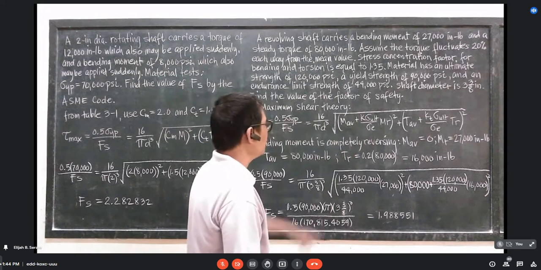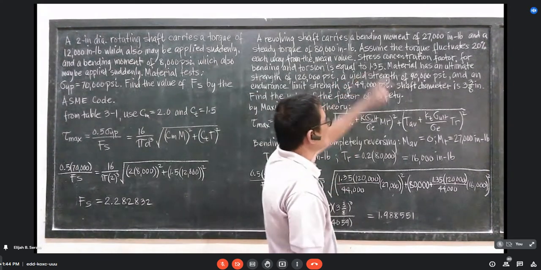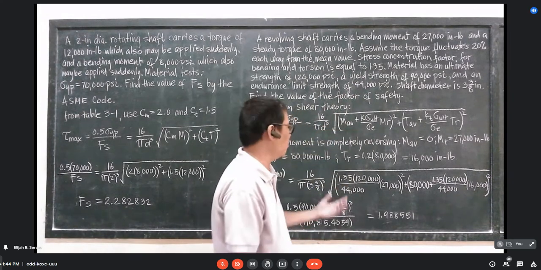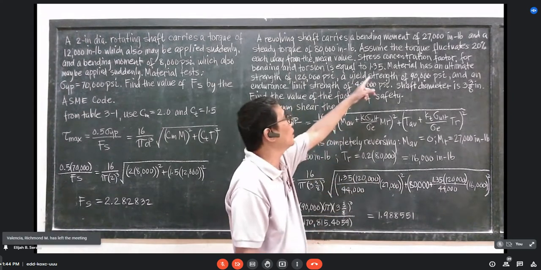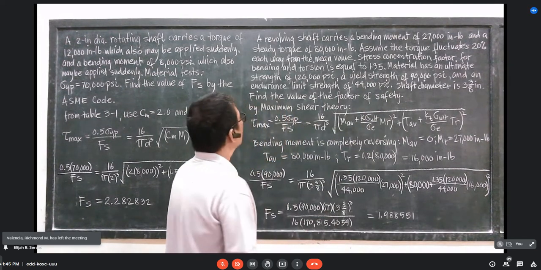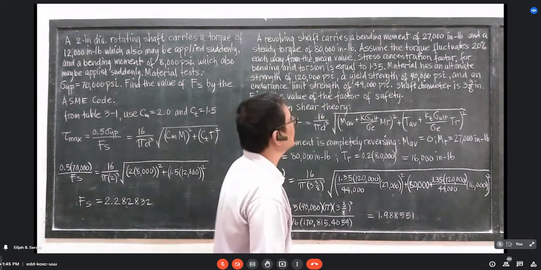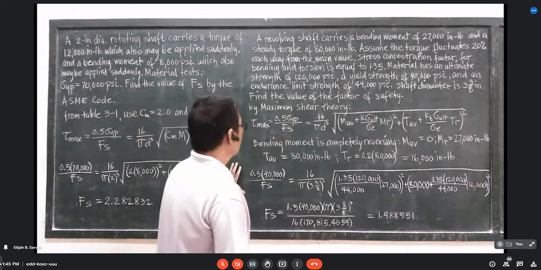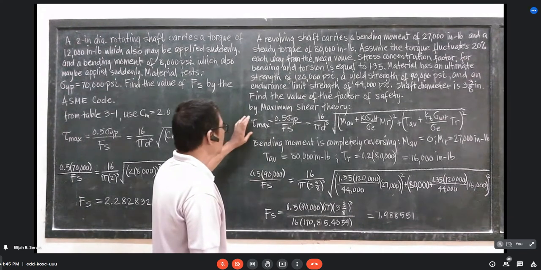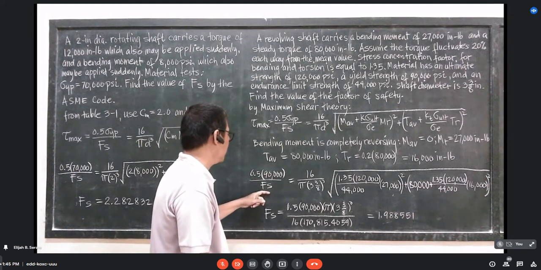And then, of course, what is given are the stress concentration factors. For both cases, for moment and torque, it is the same, K equals 1.35. So for bending and torsion, our stress concentration factor is 1.35. So we substitute it here to this equation. 0.5, and then 90,000 is your yield point in tension.